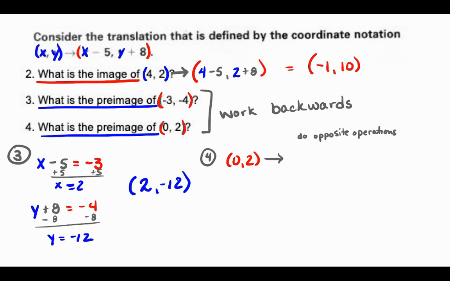So when I'm getting my next ordered pair, I'm going to take the 0 and the 2, but I'm going to do the opposite operation. So instead of subtract 5, I'm going to add 5, and instead of add 8, I'm going to subtract 8. And when I do these calculations, I end up with the ordered pair of 5, -6. So you can either set up an equation and solve, or you can do the opposite operation from the coordinate notation.